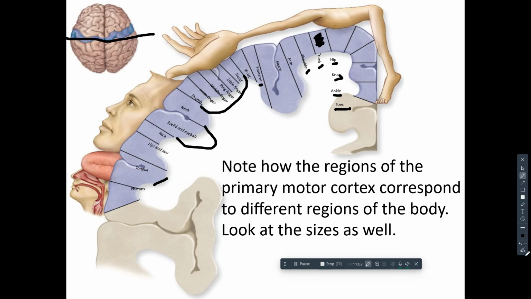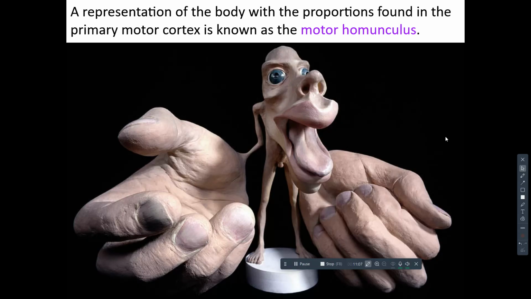And in fact, if we made a person with these same dimensions, he would look like this. And this cute little guy is called the motor homunculus. Homunculus means little man of, and motor is movement, so he's the little man of movement. He's got huge hands, he's got huge lips and tongue, big eyes, because we devote so much cortical space to controlling the movement of those body parts. So that is our motor homunculus.